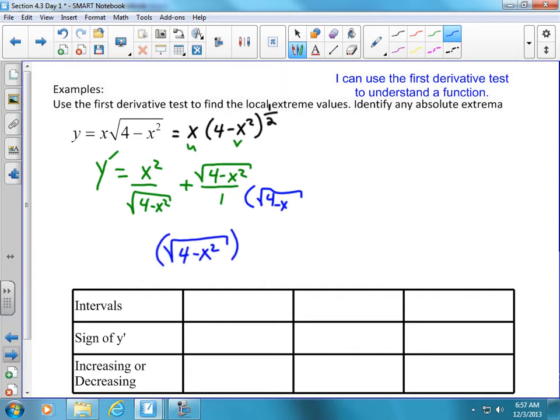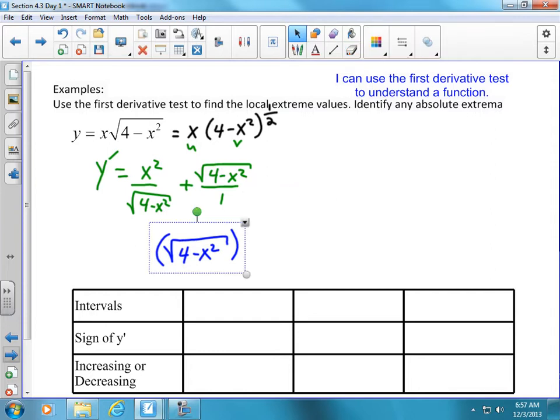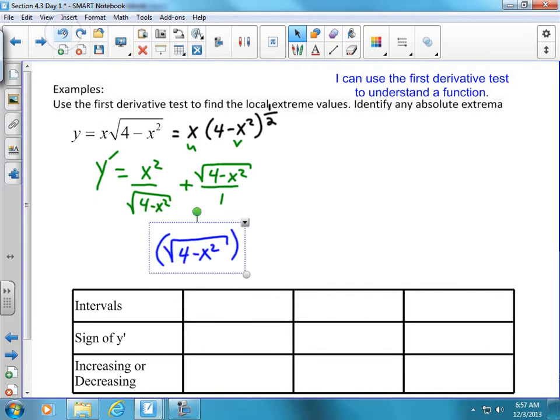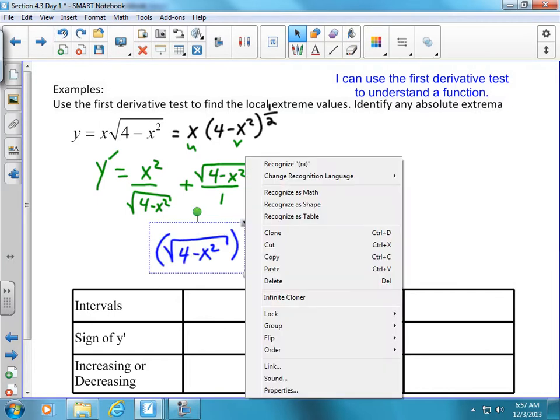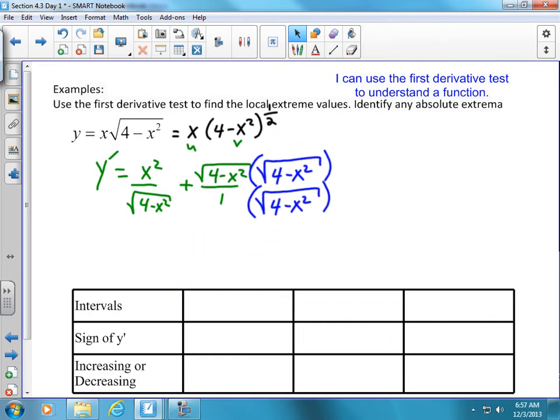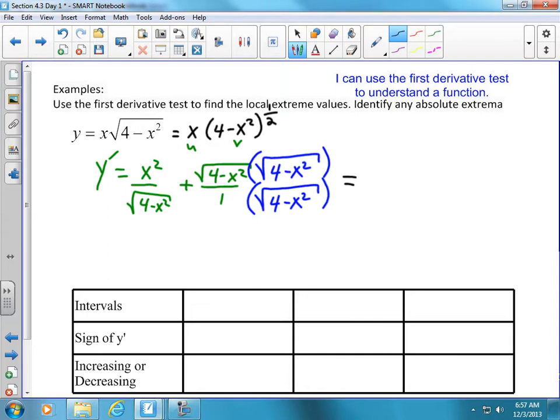What we're going to do is get a common denominator here so that we can put these two together and figure out where the derivative is 0 and where the derivative does not exist. So we have a common denominator once we multiply the second term by square root of 4 minus x squared over square root of 4 minus x squared. So our common denominator is this.